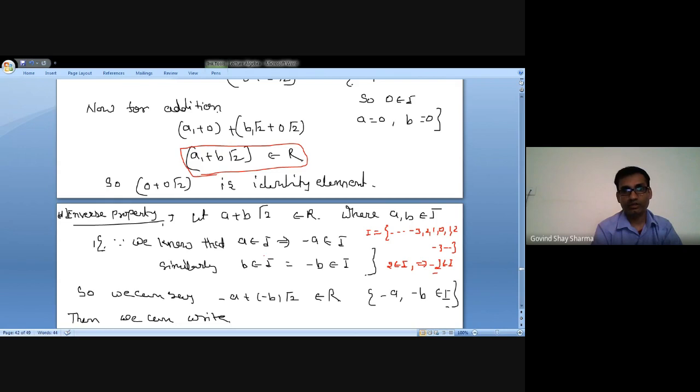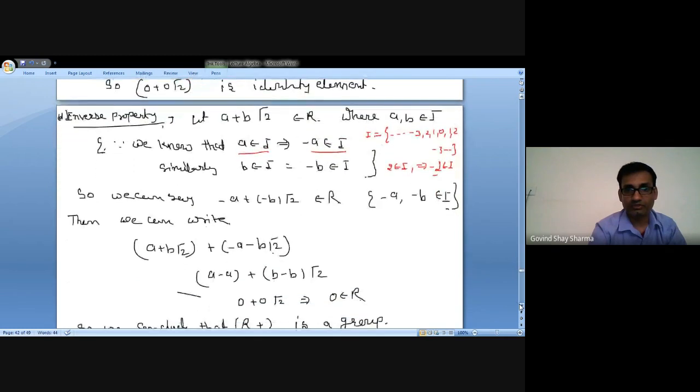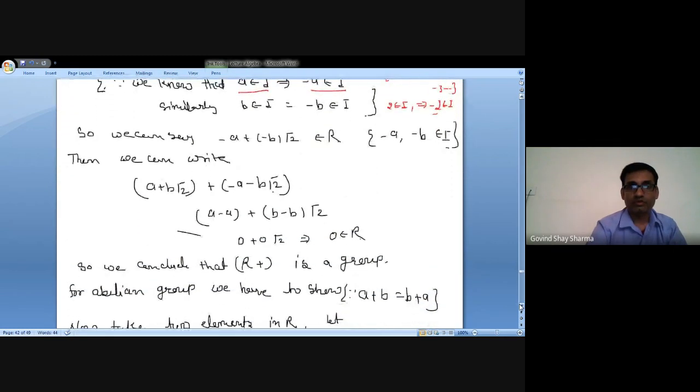So a belongs to I, so minus a also belongs to I, and b belongs to I, so minus b also belongs to I. A and B are arbitrary elements. So we can easily take minus a minus b root 2, and when added we get the 0 element. So the inverse element exists.